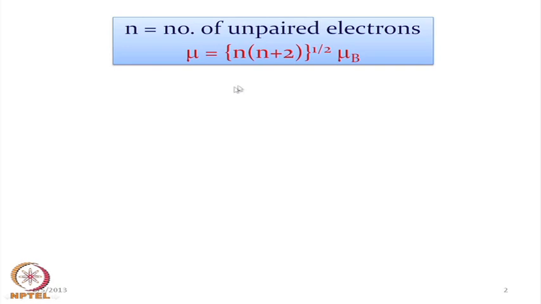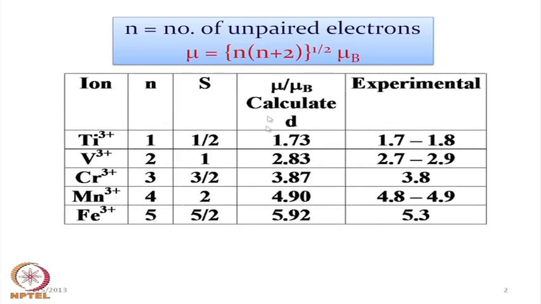So, we go for this equation for determining the number of unpaired electrons in the different systems. We can see how we calculate these numbers, whether we have 1 unpaired electron, 2 unpaired electrons, up to 5 unpaired electrons.